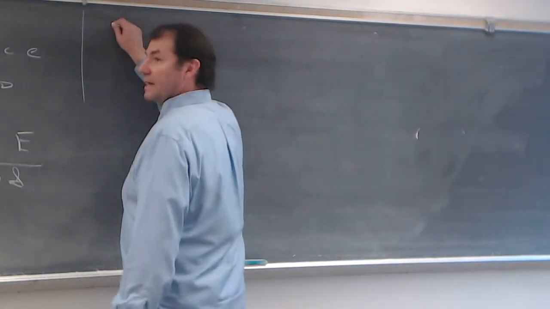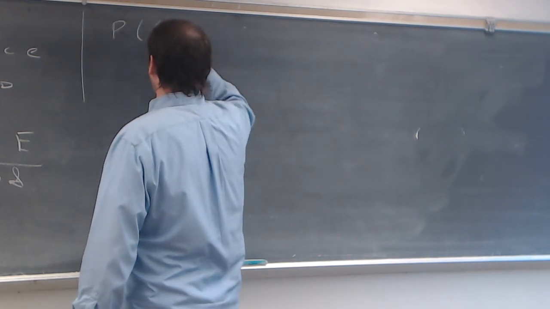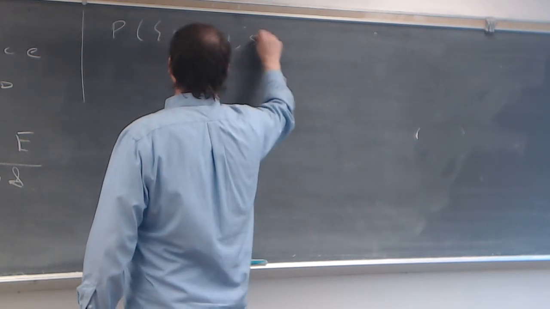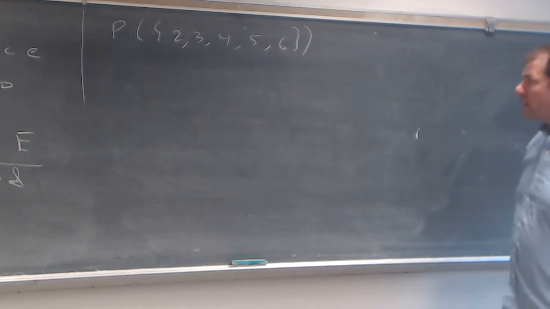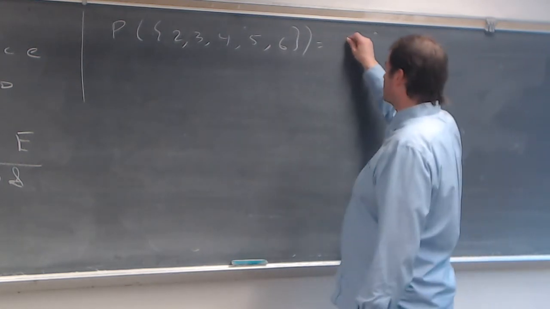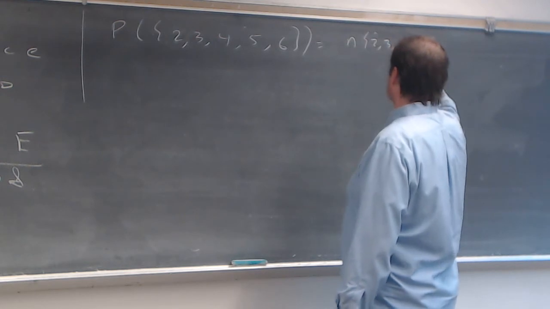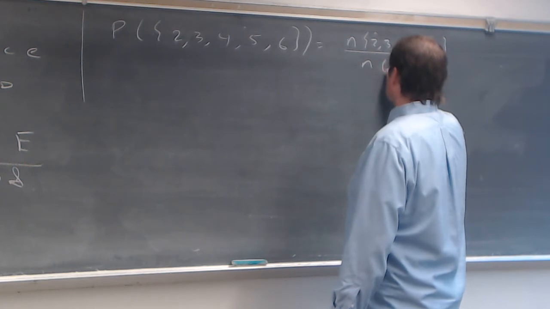This question is the same as finding the probability of the set consisting of outcomes 2, 3, 4, 5, and 6. The way that we compute this is the number in this set over the number in the sample space.